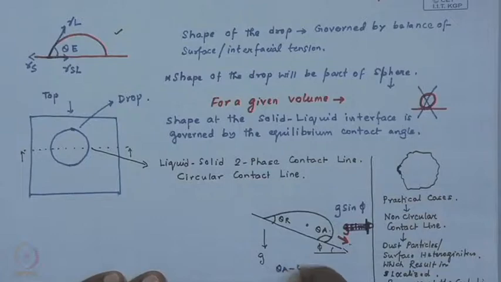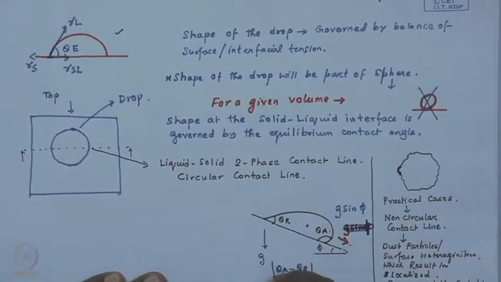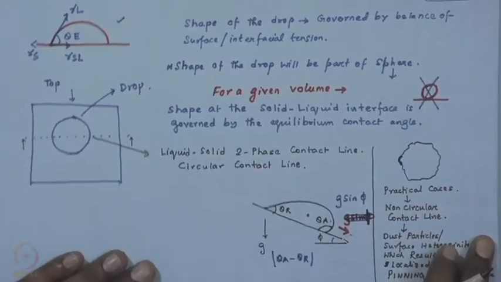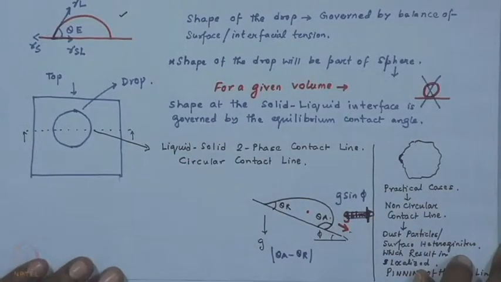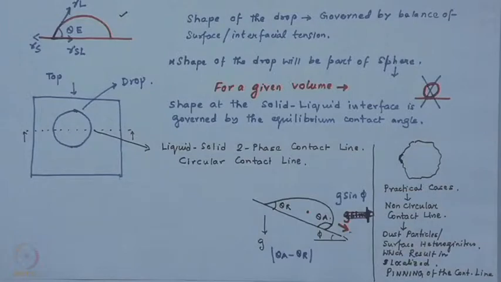And we know the difference in the magnitude between the advancing and the receding contact angle is actually a critical parameter in determining or identifying the nature of a surface. For example, if you want to fabricate a super hydrophobic surface, not only your equilibrium contact angle has to exceed 150 degree, but you must have a very low contact angle hysteresis, which is typically of the order of less than 10 degree.